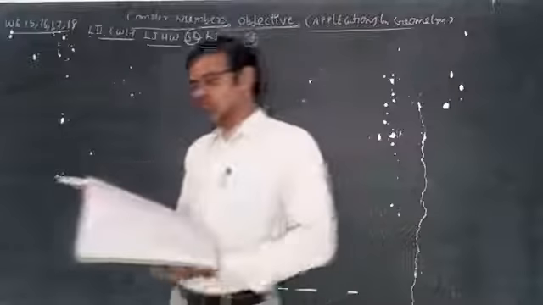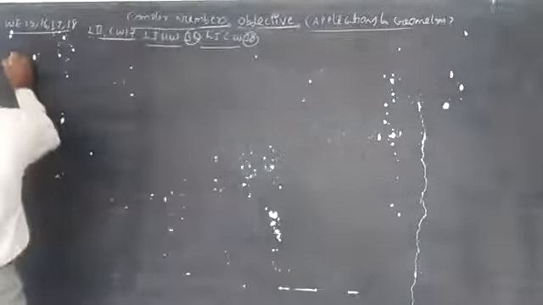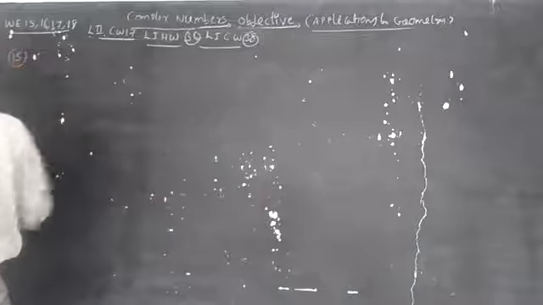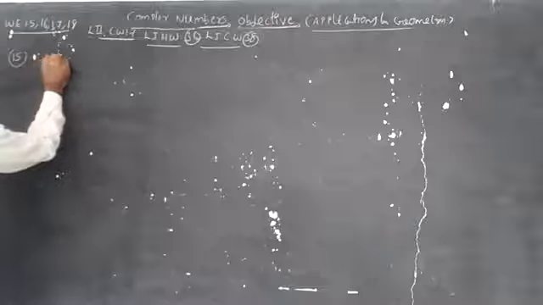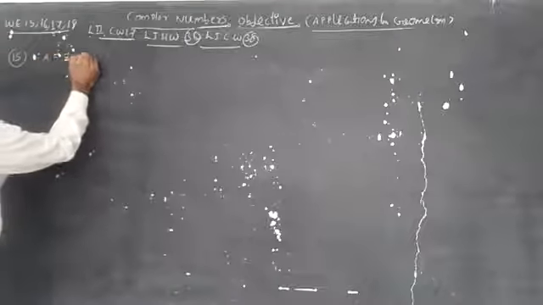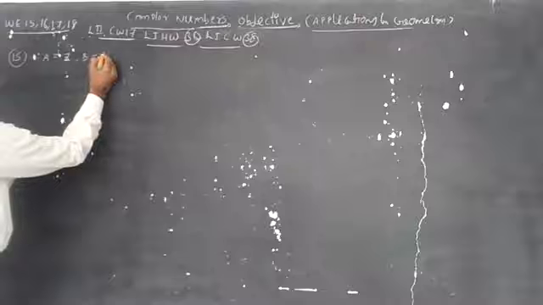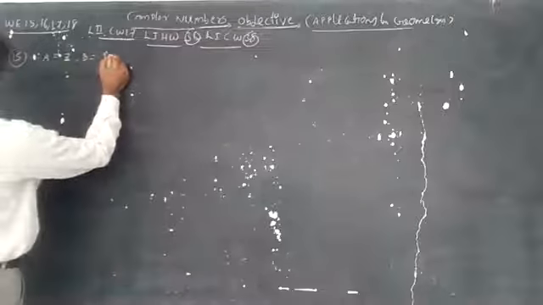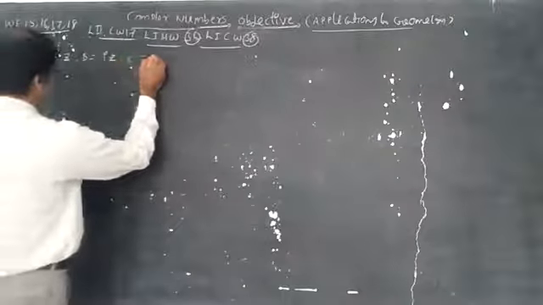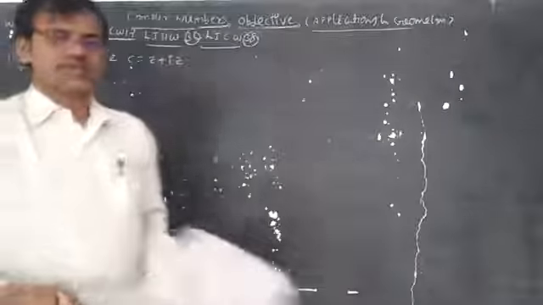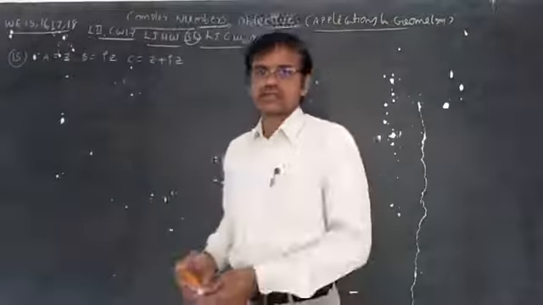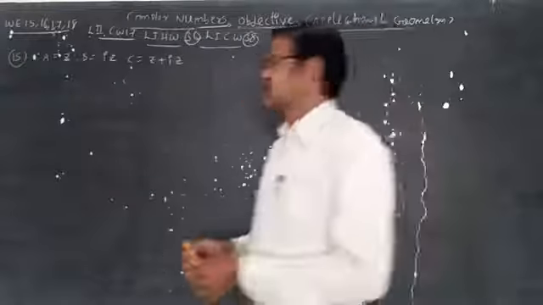Worked example 15. The triangle formed by the points represented by z, iz, z plus iz. Let A equal z, B equal iz, C equal z plus iz. The vertices of ABC can be represented as z, iz, z plus iz.